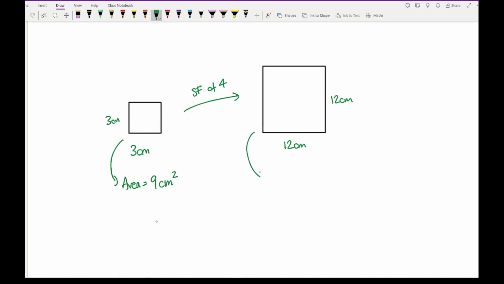However, for this enlarged square, that's going to have an area of 144 centimeters squared. So you can see how even though the length has been quadrupled, the area hasn't quadrupled. It's actually more than that, because obviously 9 times 4 is 36, and the area of this new enlarged shape is more than 36, so we can't apply the same number as such.